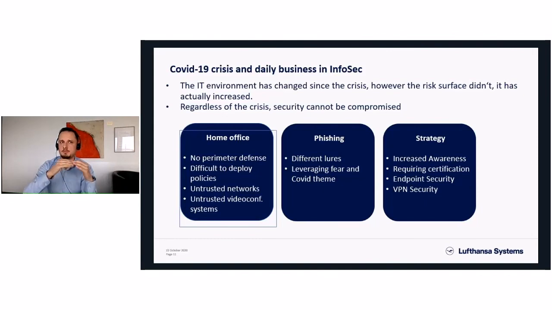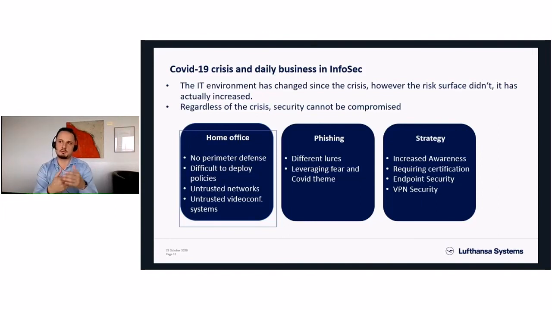Behind this, there's a lot that needs to be adjusted, because the world has changed, and it will probably remain this way for a while. From a security standpoint, we cannot ignore it. We have to adjust as well.